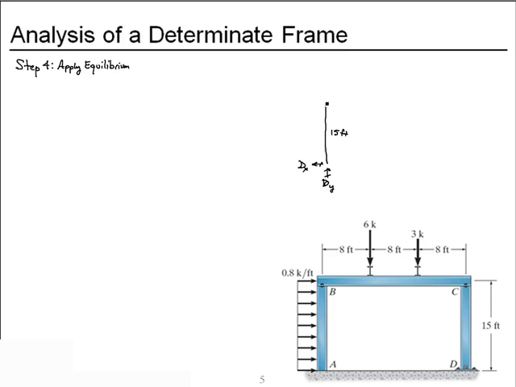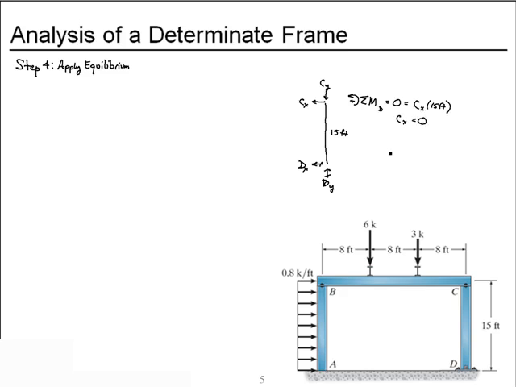You have the forces at the cut, Cx and Cy. Let's sum moments about point D. We get Cx through 15 feet, and that's it. So Cx must equal 0.